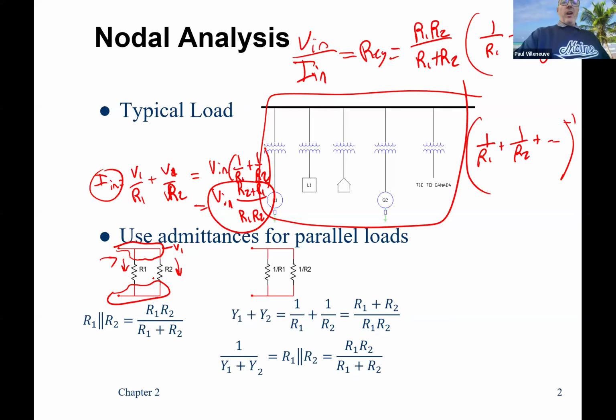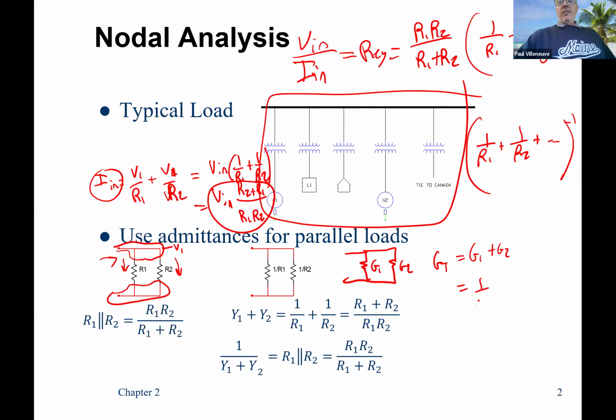So if I redo this R1, R2 over here, and now I put them as G1 and G2, so those are called conductances, then G total, which is the total conductance, is G1 plus G2.